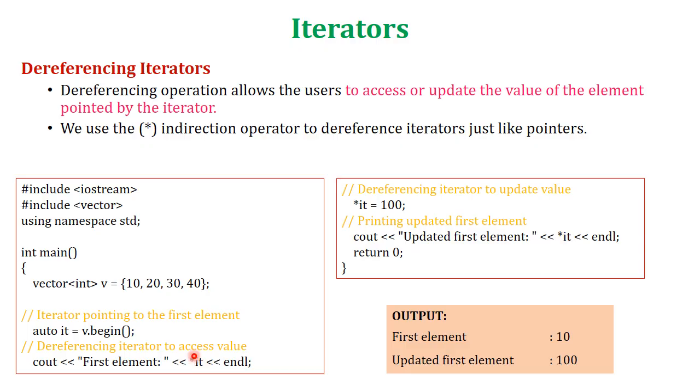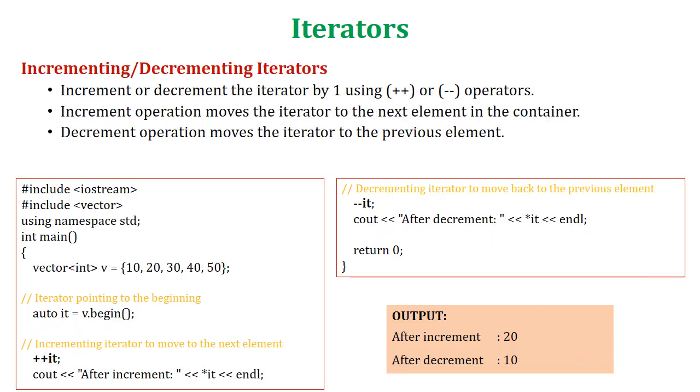What is the first element here? 10. Now we assign a new value through this iterator, so the new value is updated. What is the first element right now? 100. Initially it was 10. Later we added the new value through this variable, so it is updated at the beginning. So what is the first element right now? It is 100.